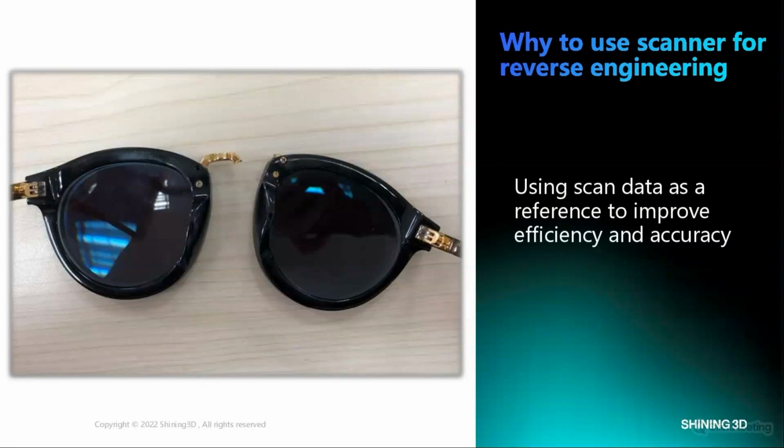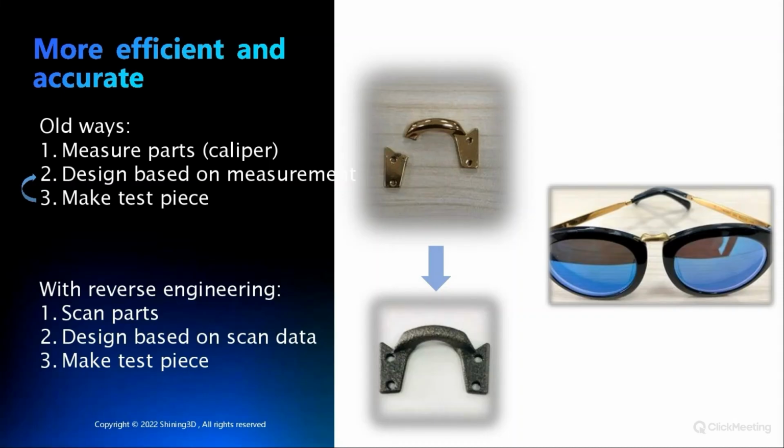So you see on the screen, we have a pair of glasses which broke at a snap in the middle, okay? And this is a metal piece in between and it just cracked. Let's compare the two ways to do it. Like I said, using scan data helps you to be more efficient and more accurate.